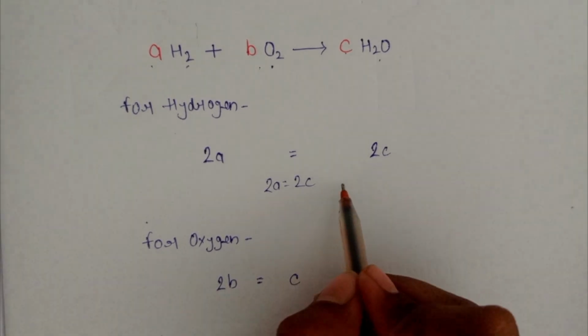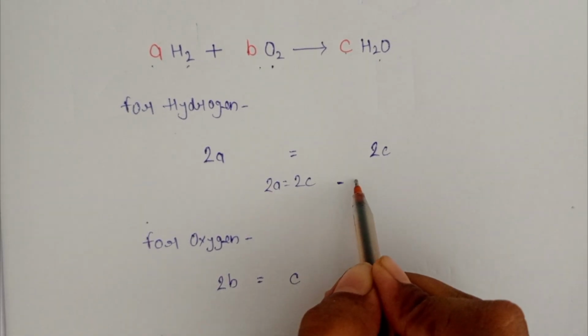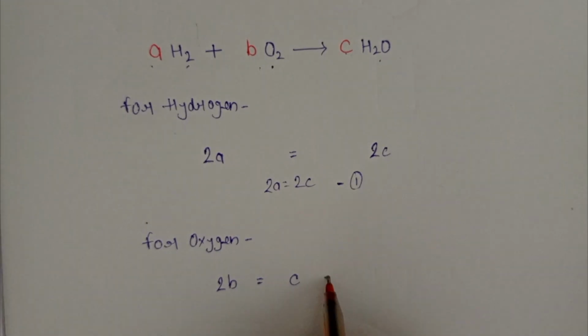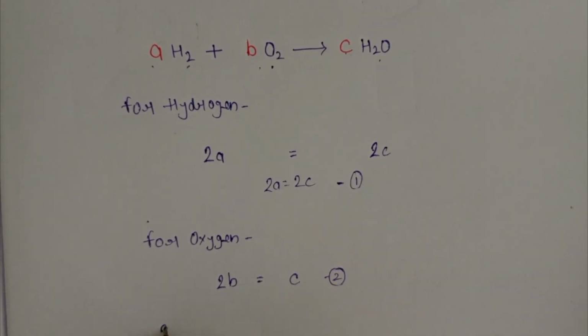Let's solve the equations. First we give numbers to the equations: this is equation number 1 and this is equation number 2. Equation number 1 is 2A is equal to 2C.